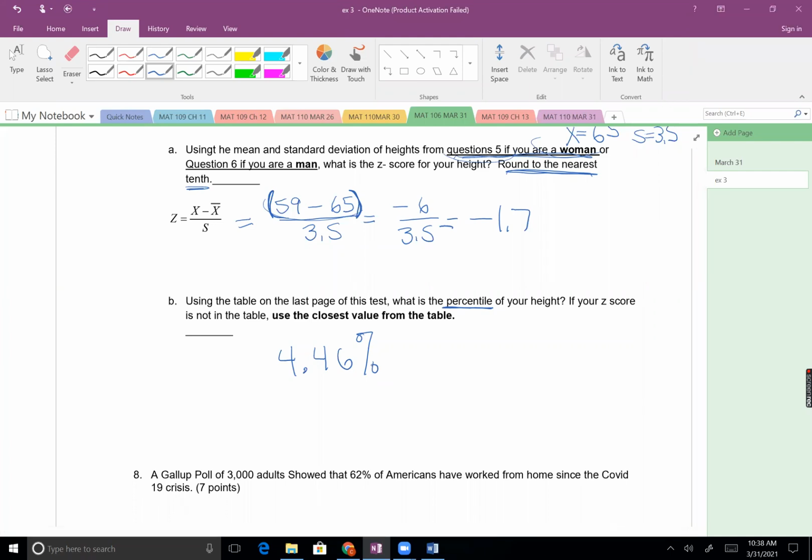Those numbers are made up, the 3.5, right? Because on question number 6, our answer was 2.5. The directions were asking to use the mean and standard deviation. So if you were a woman, you're supposed to get the mean and standard deviation from question 5. If you look at question 5, it starts with the mean is 65 and the standard deviation is 3.5.